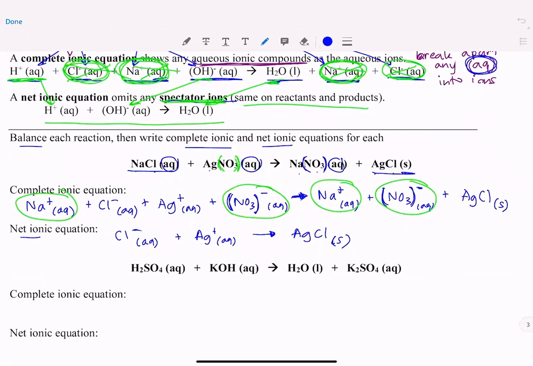I have a question. Yes. So how come we can't get rid of the AgCl? Because it's not exactly the same. So this is AgCl. First of all, we can't split it apart because it has the S physical state. Okay, and Ag is Ag plus with the AQ physical state, which is different from Ag here that's part of the compound and has a different physical state.